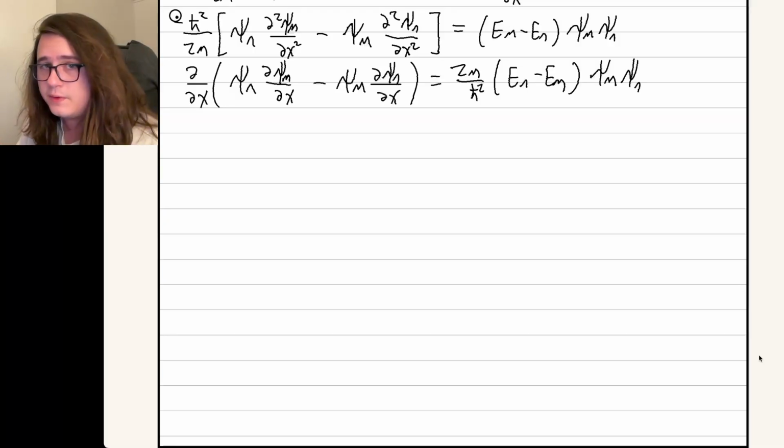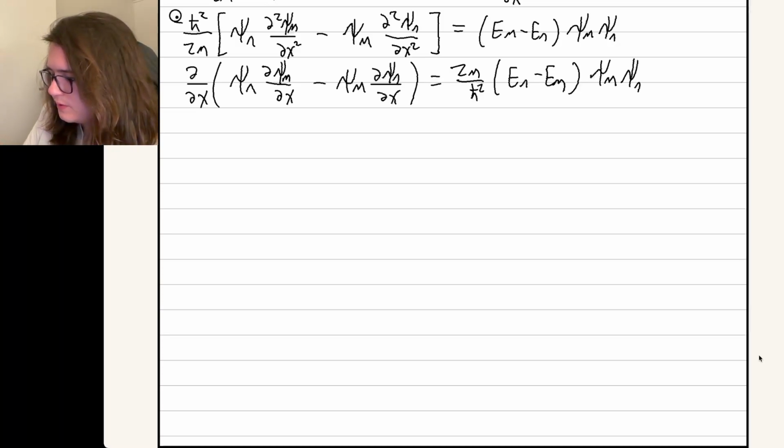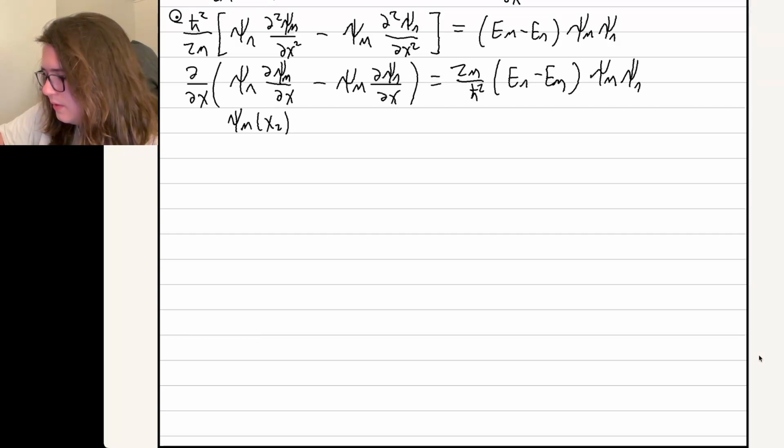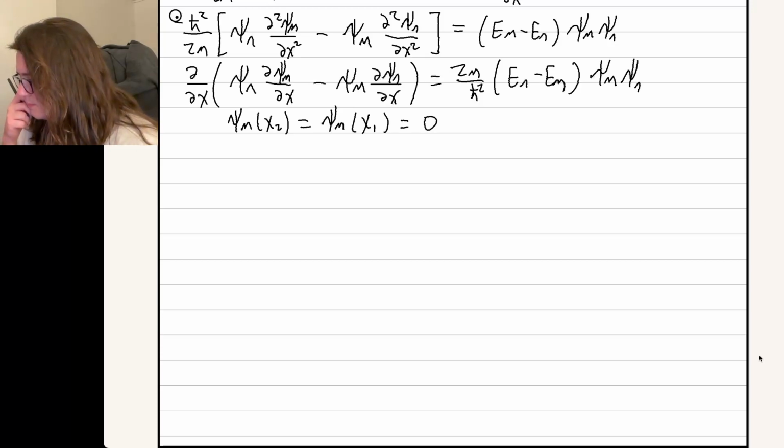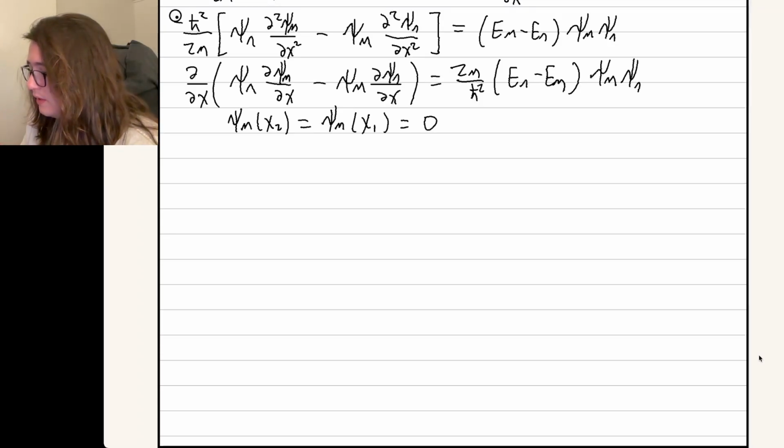For part B, we're given a little more information: psi m has two adjacent nodes, x2 and x1, nodes being points where psi m is 0. And so what we want to do is integrate the entire equation with respect to x from x1 to x2.